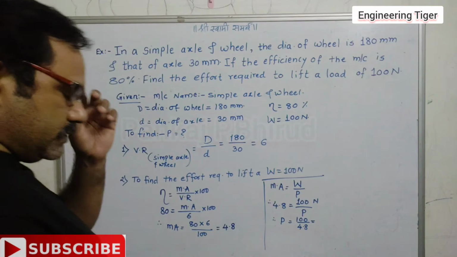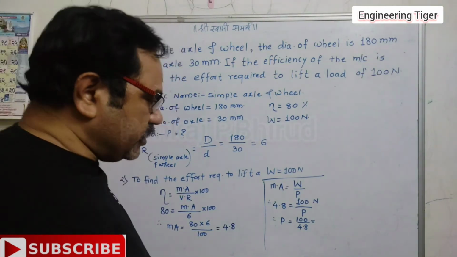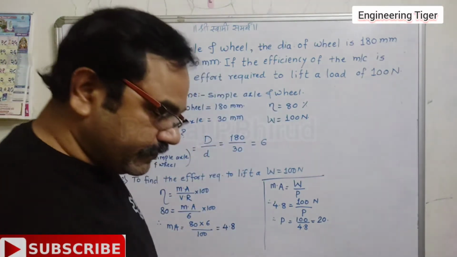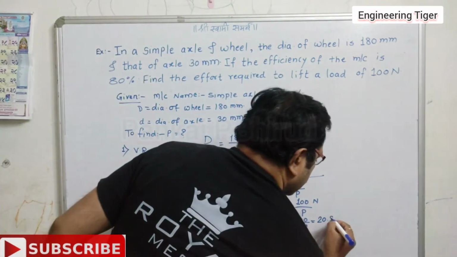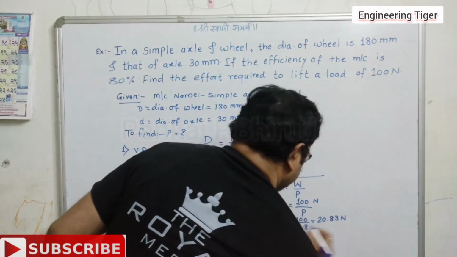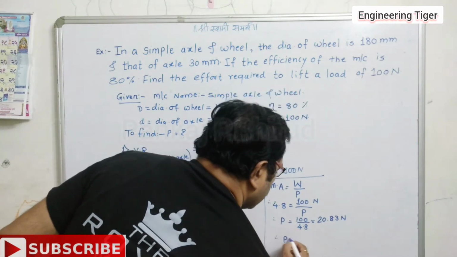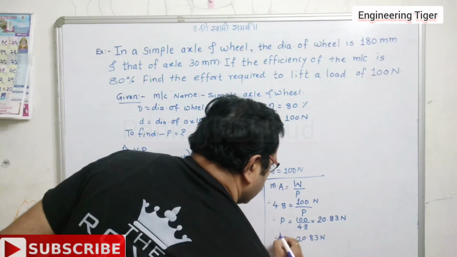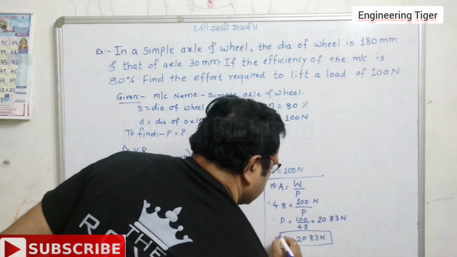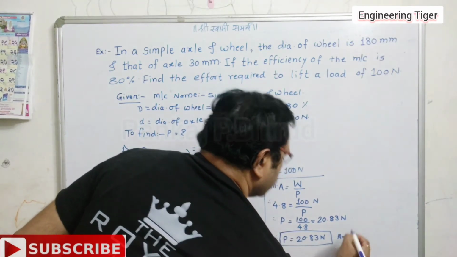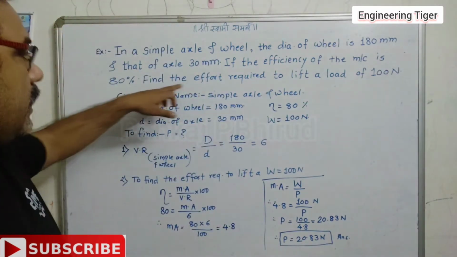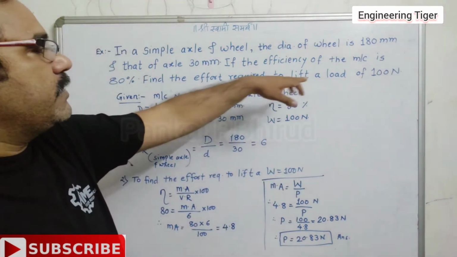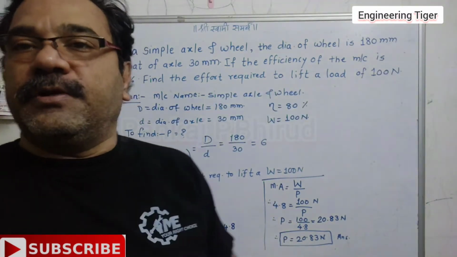So we'll get P is equal to 20.83 Newton. This is our final answer. So the effort P of 20.83 Newton is required to lift a load of 100 Newton.